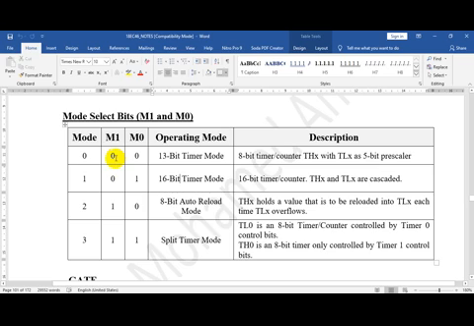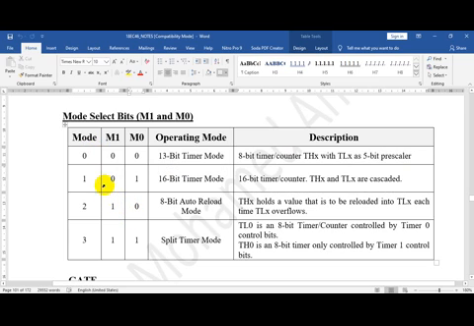If you want to configure it as 13-bit timer mode, you write 00 in M1 and M0. In this mode, it works as an 8-bit timer or counter with the count loaded in the TH register, and the TL register has a 5-bit prescaler. We will not be using this mode, so you need not worry about it.